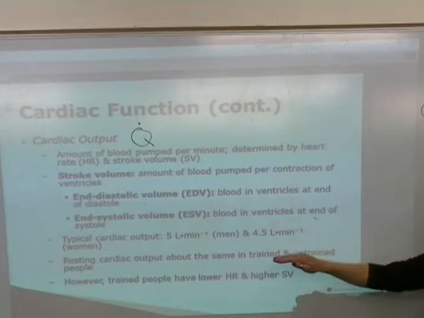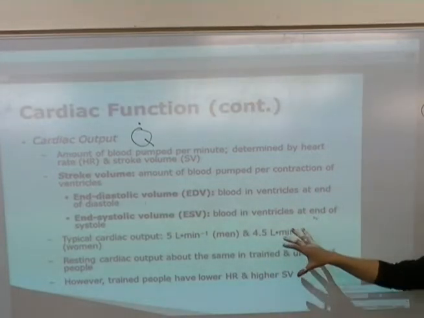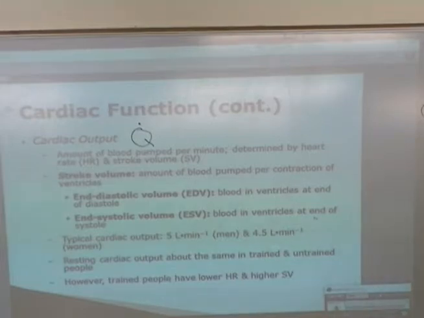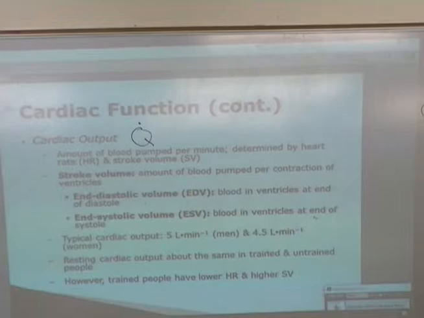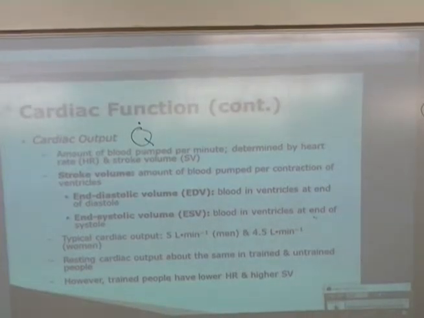However, when we look at resting Q at this 5 liters, whether I am fit or unfit, large or tiny, when I'm sitting here doing very little work, the amount of blood I need to do very little work is exactly the same, because I'm not doing any work right now. Does that make sense?